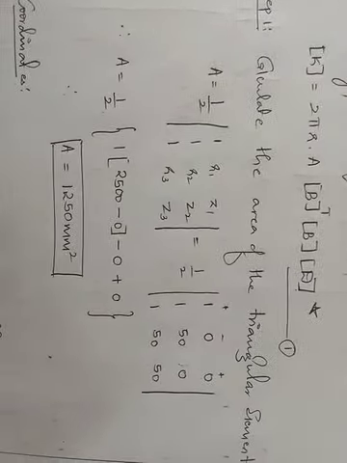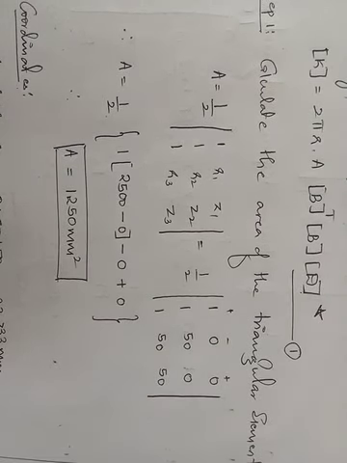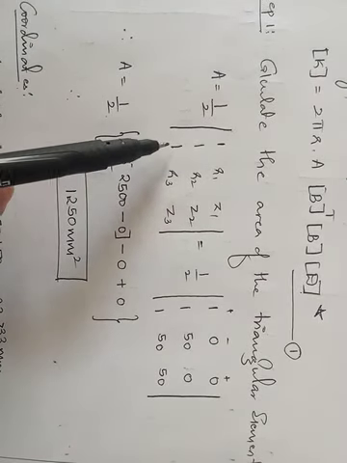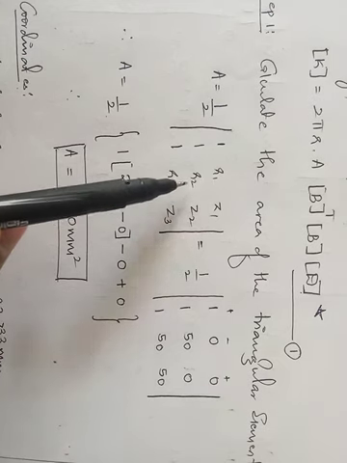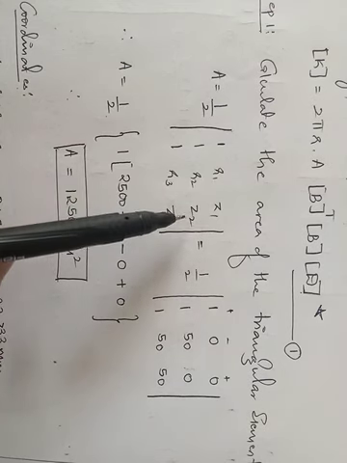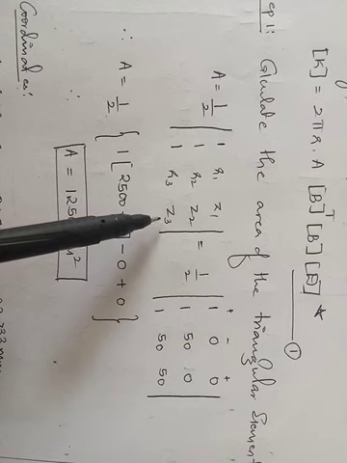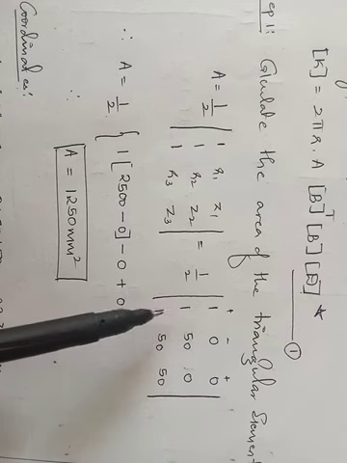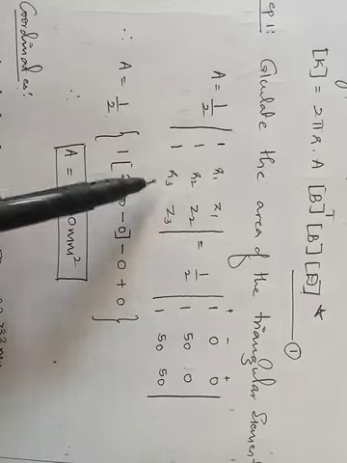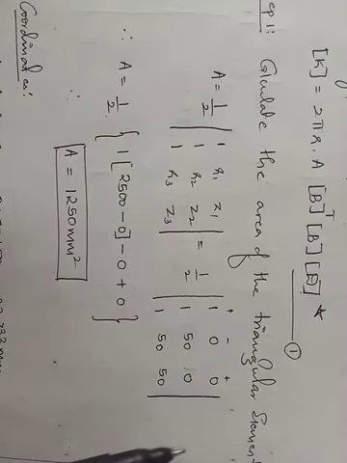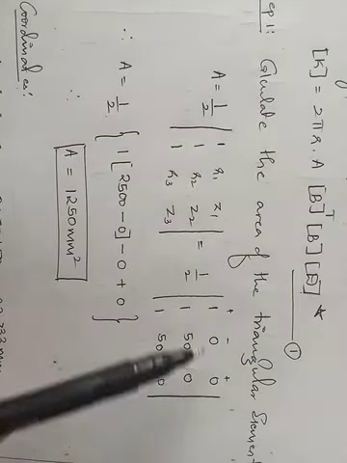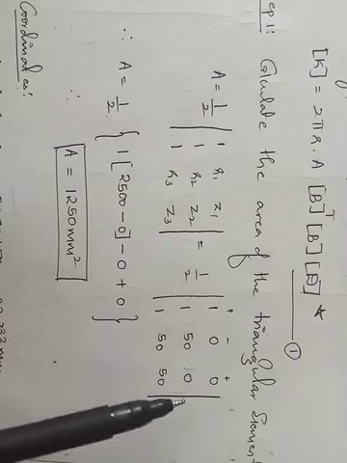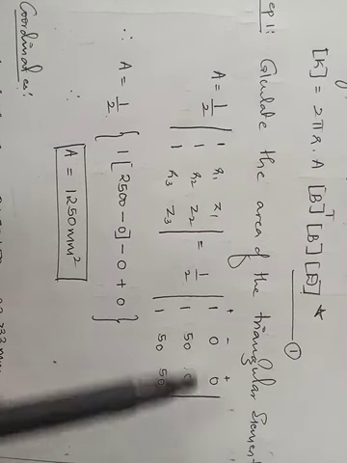It is 1 by 2 determinant of the matrix with rows 1 1 1, r1 r2 r3, and z1 z2 z3. I just substituted the coordinates r1 r2 r3 and z1 z2 z3.